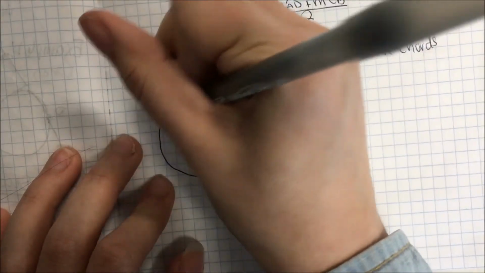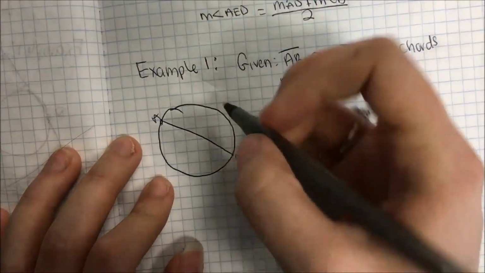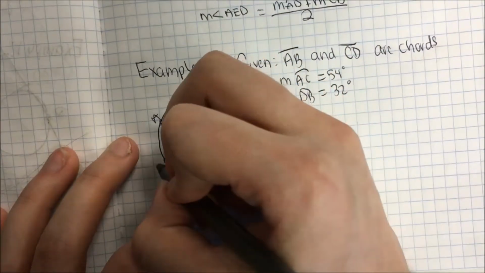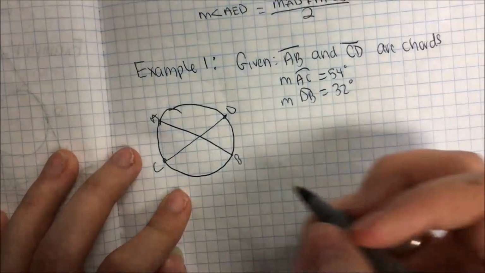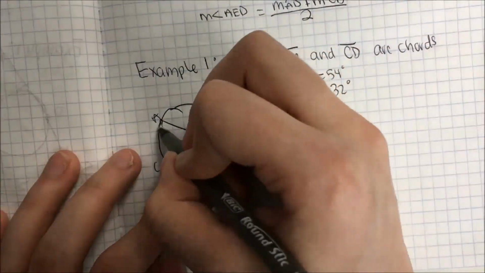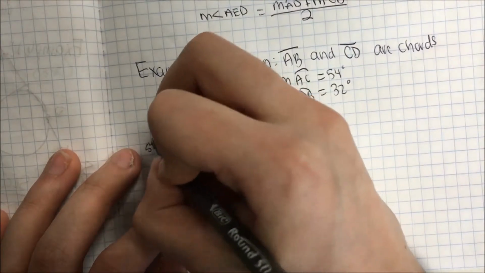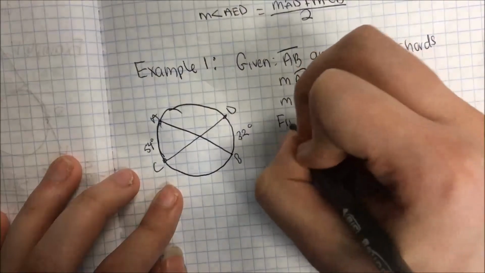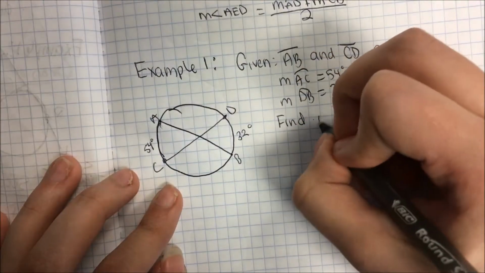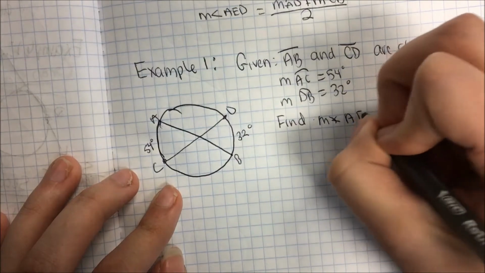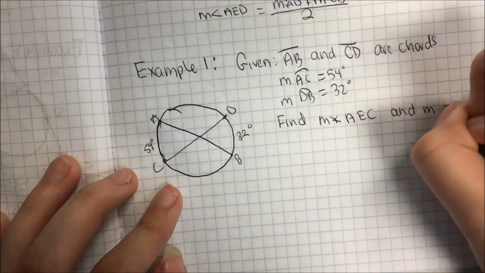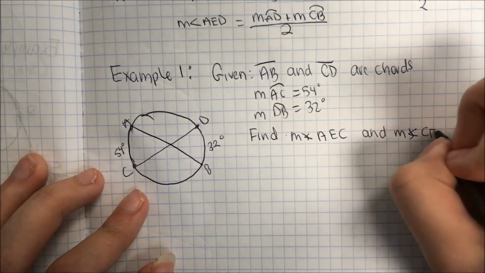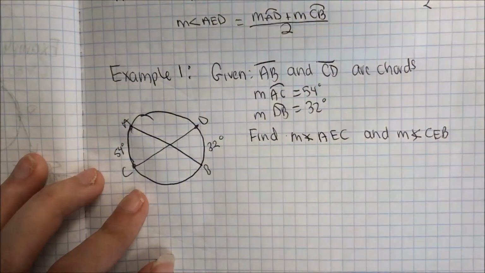So we have our chord AB and chord CD. So arc AC here is 54 degrees, and arc DB is 32 degrees. So the question is to find the measure of angle AEC and also the measure of angle CEB. So we want to find both of these angles.